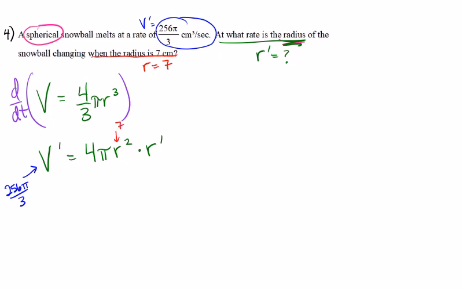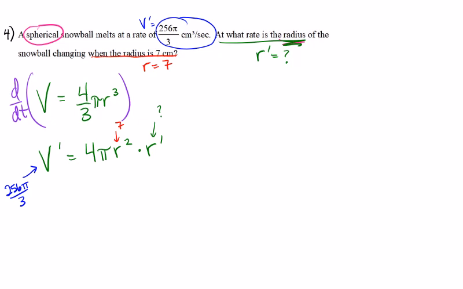Now we have everything we need to find r prime, right? I purposely left something out here. I want you to tell me, what am I missing? Yeah, if you said I'm missing a negative, you're exactly right.